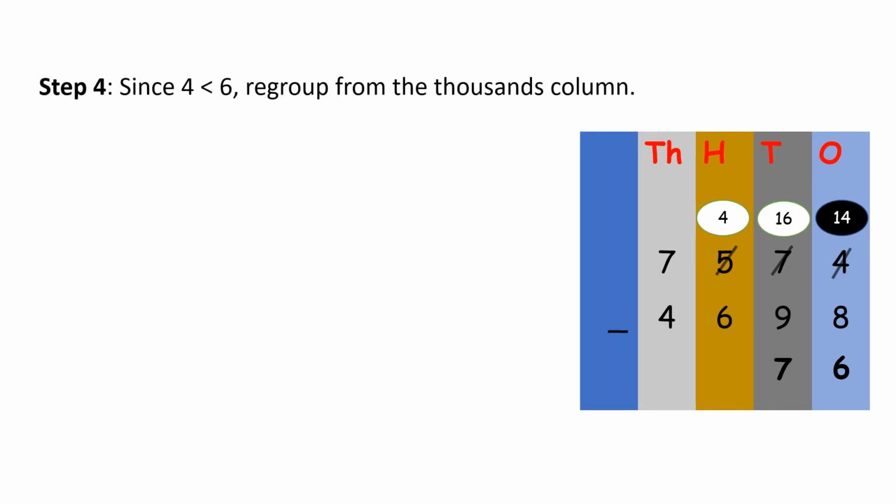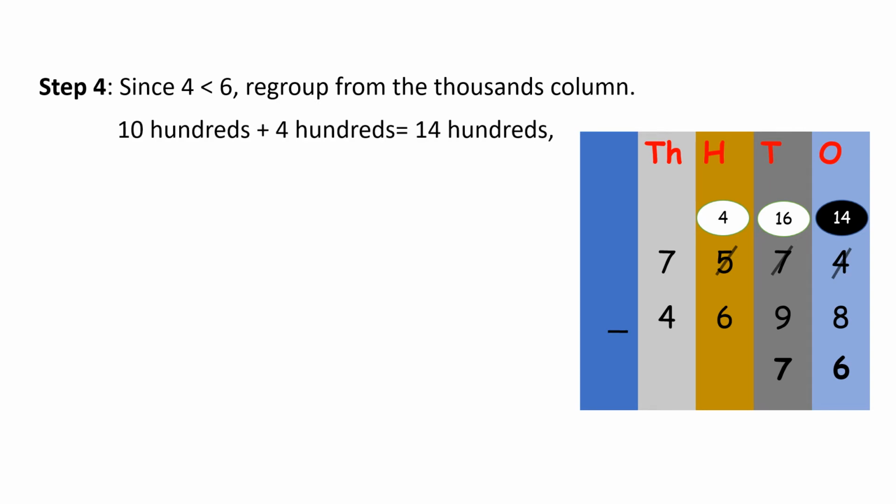So again we have to regroup and now we have to take 1000 from this thousands column. How many thousands are there in the thousands column? 7 thousands. So from there we are taking 1000 and giving it to the 4 hundreds. So how many hundreds will be a thousand? Okay, so we can write 10 hundreds are 1000.